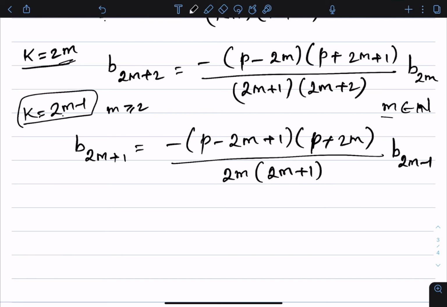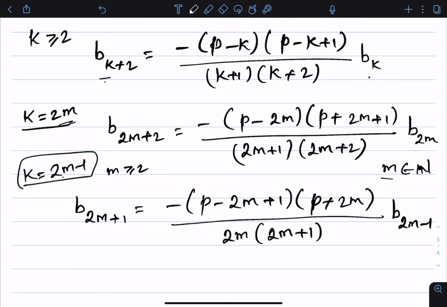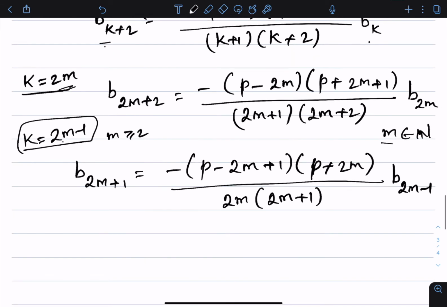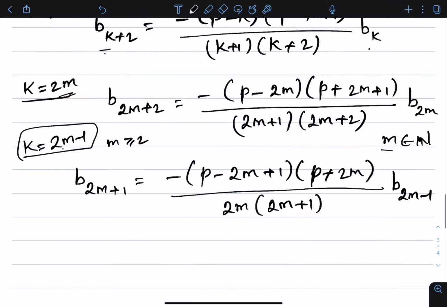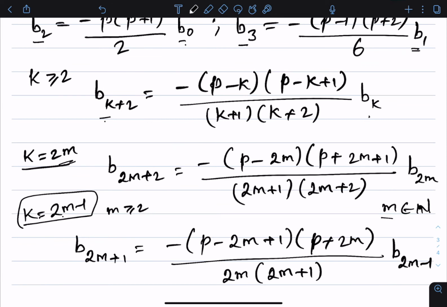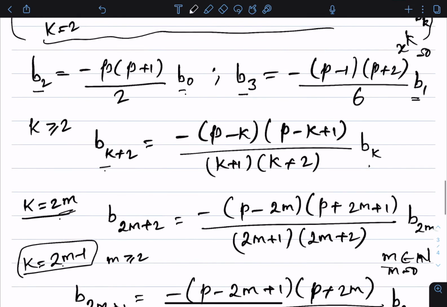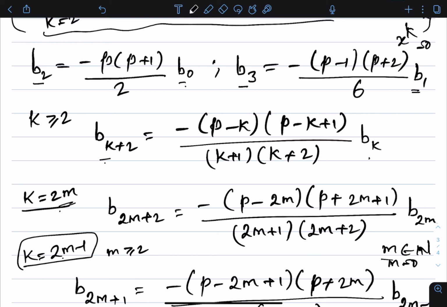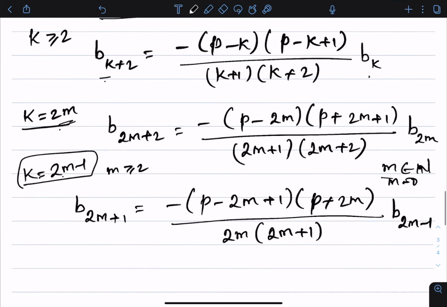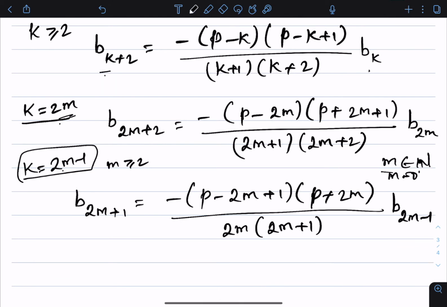Now, you can also see that we had m greater than or equal to 2, and m equal to 1. In this relation, if you also take m equal to 0, k becomes 0, which corresponds to b2, and this relation will be satisfied for b2. So you can actually include 0 as well here.